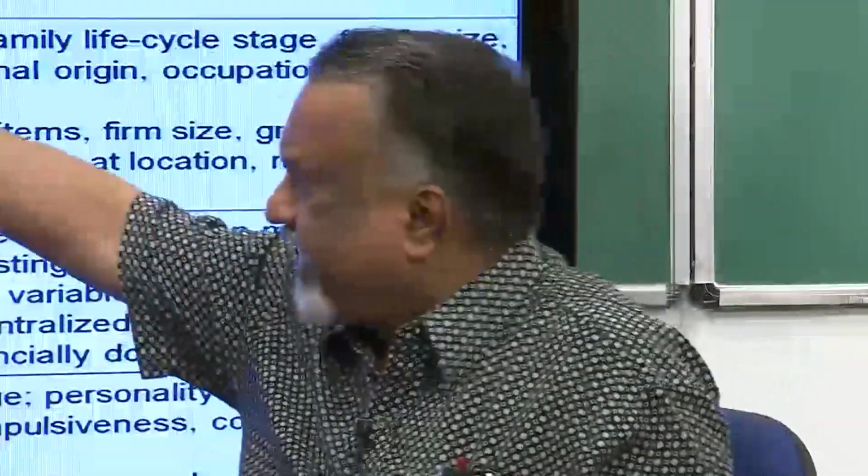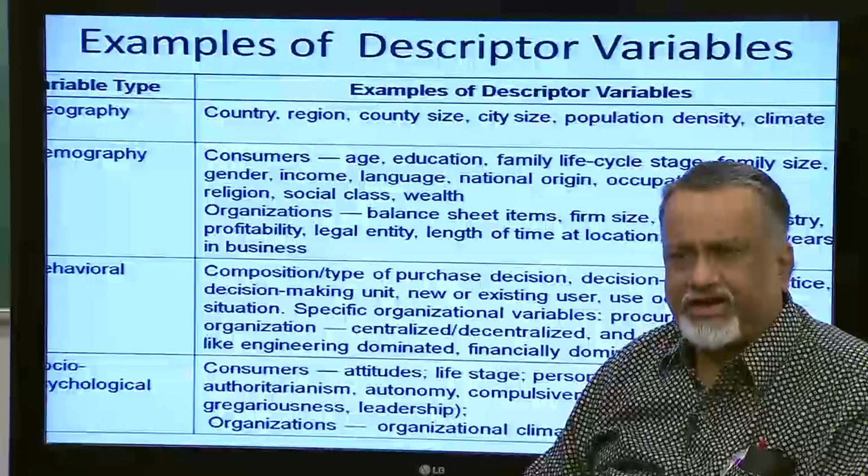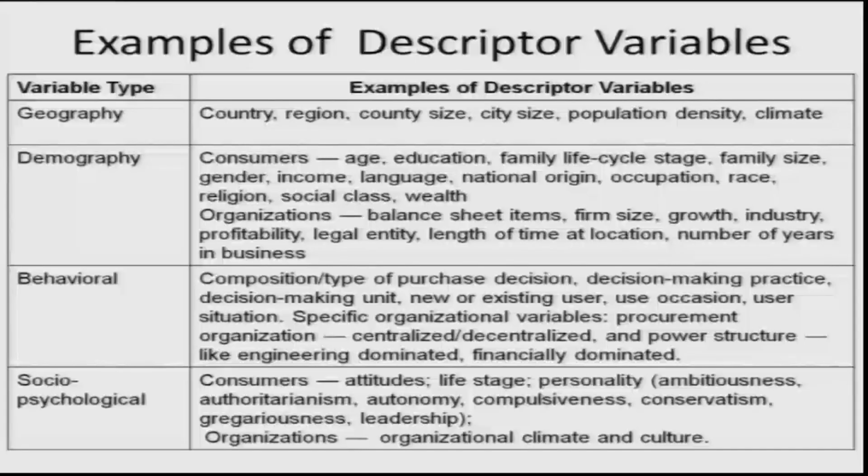So, you see here variable type on the y axis, we have geography, demography, behavioral and socio-psychological. Geography variables are country, region, city, population density, climate, etc. Demography will be age, education, family, life cycle stage, family size, gender, income, language.